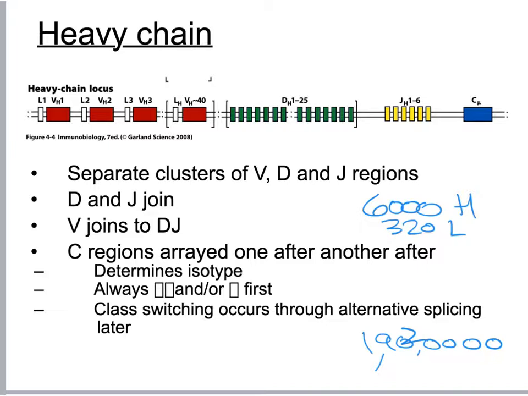That doesn't have anything to do with the complementarity determining regions, which I don't even know that you can calculate. And there's going to be more diversity when we start slicing and dicing them together. This is good, yes? Because we want to be able to recognize every single thing that is not you.